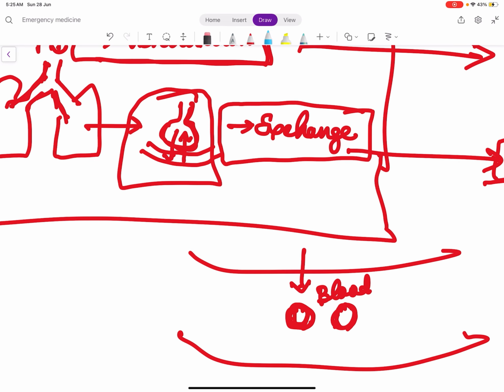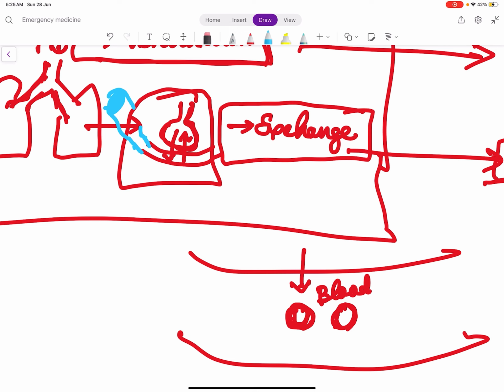Air enters from the alveoli into the blood. How does the pulmonary capillary form? From the pulmonary artery. Pulmonary artery is a branch from the right ventricle. So pulmonary embolism is when some blood clot is occluding the main pulmonary artery or a branch of the pulmonary artery. When the pulmonary artery gets occluded, blood does not flow from the right ventricle to the pulmonary capillaries.